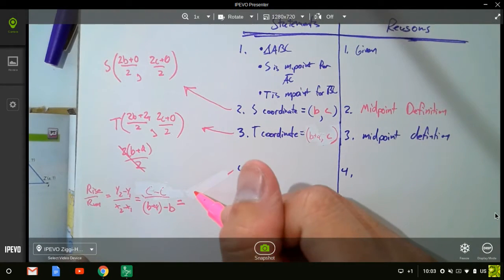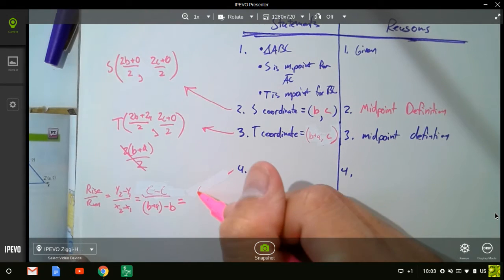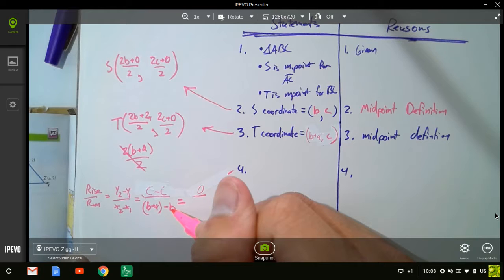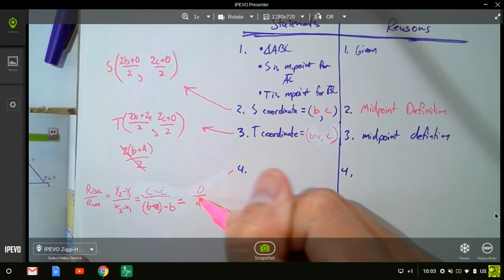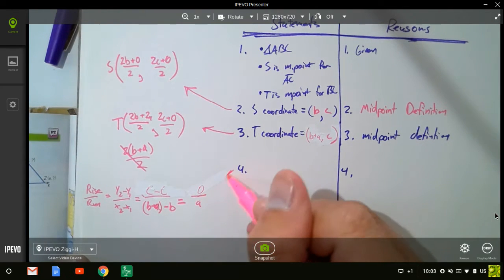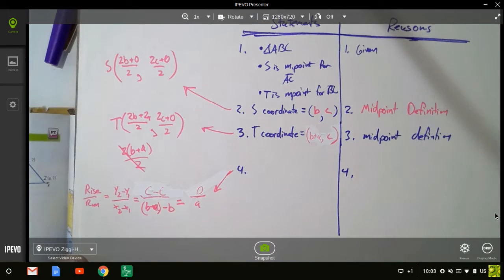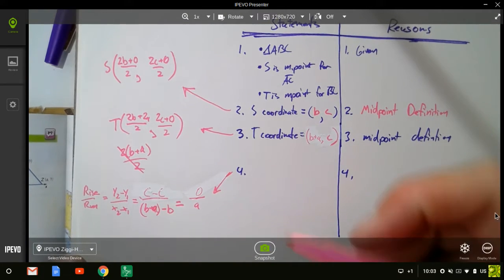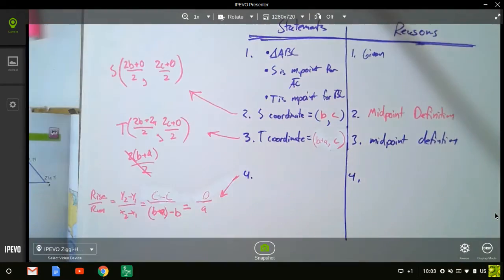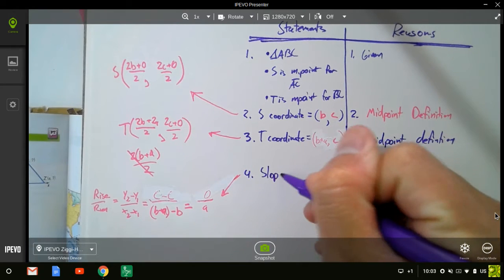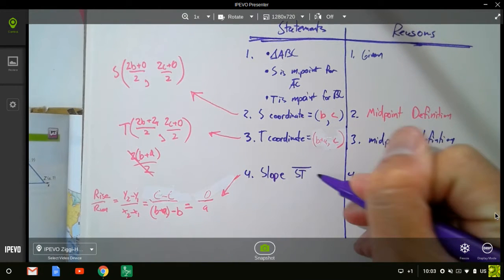If you think about it, what is C minus C? It's 0 over B minus B, which is gone, but then we have an A left over. It doesn't really matter what we have left over on the bottom because what are we going to have in total? 0. Yes, 0, nothing. So we're going to say the slope of ST is equal to 0.